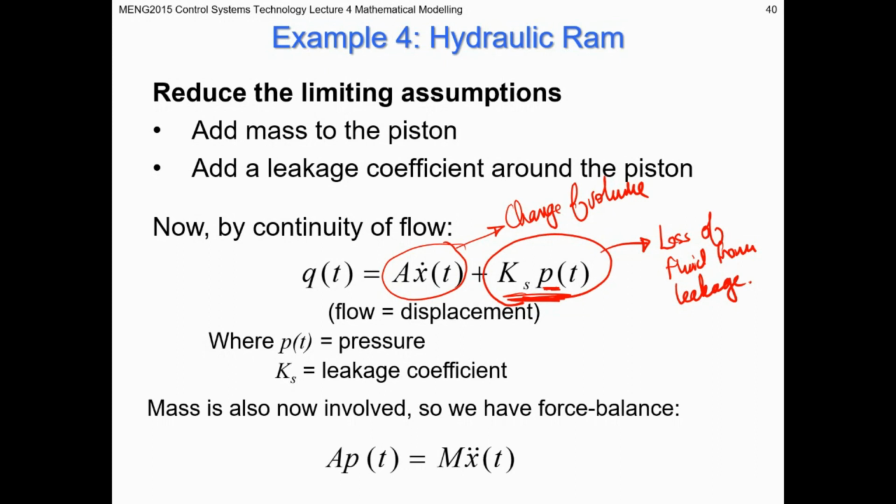Now we have a second equation. Before we only had one equation because there's a very simple relationship, but now we've got two equations because we also have mechanical motion due to the mass.